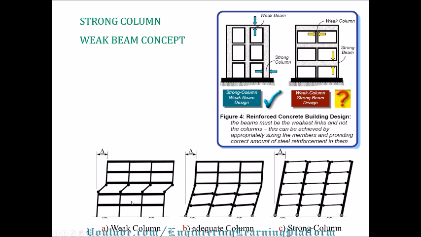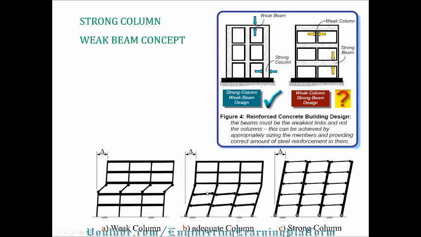Below are shown three failure mechanisms. The first failure mechanism is one we should avoid at any cost, as the failure of a column is brittle and would cause sudden collapse of the structure without giving any warning to the occupants.